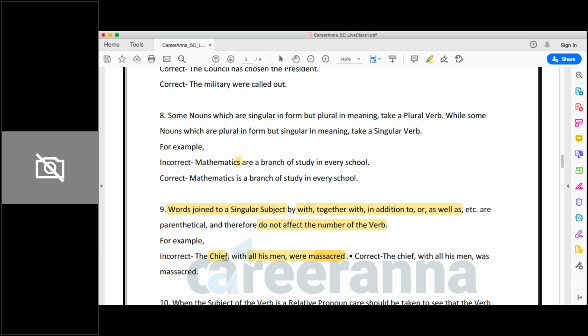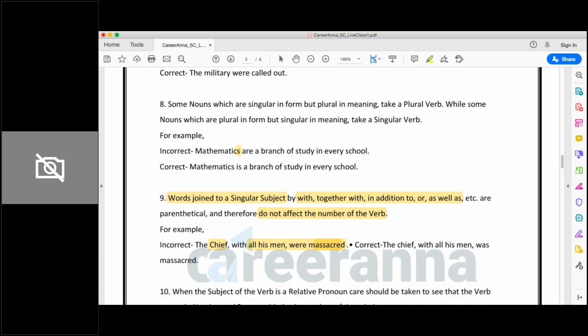That is why here I will treat my verb to be in agreement with the farther subject, but the moment I use the word and, my rules change. Is it clear? Moving to the rule number 10.